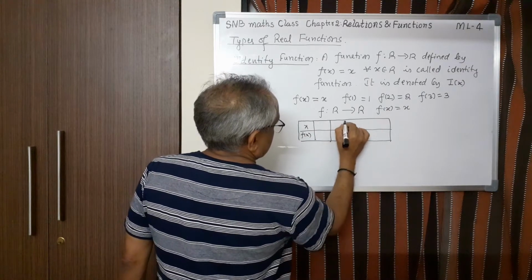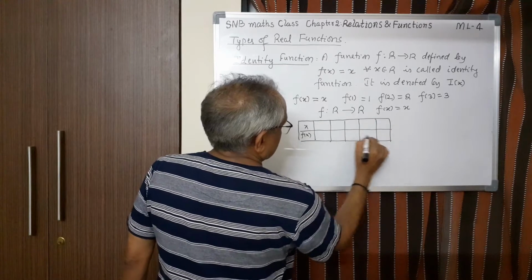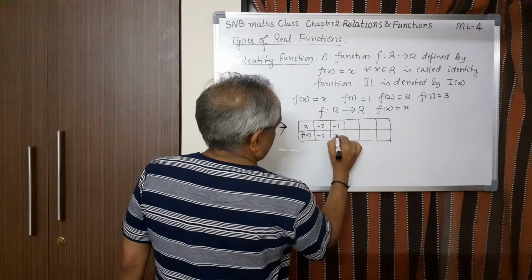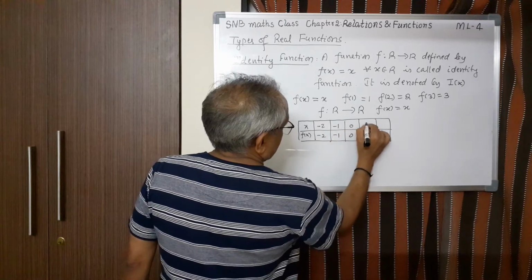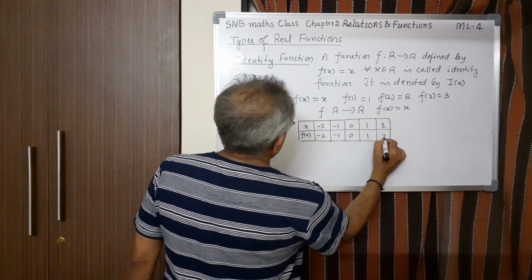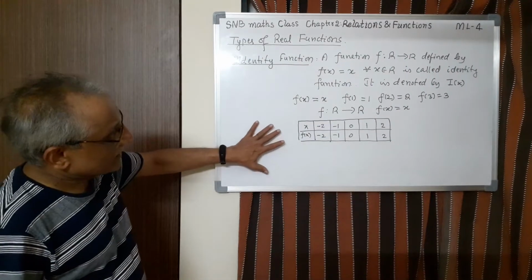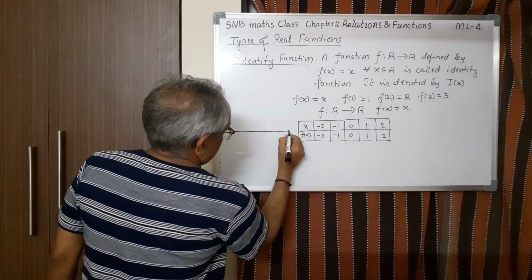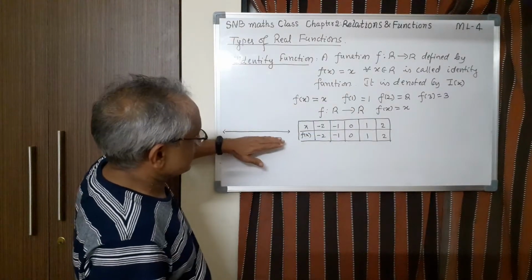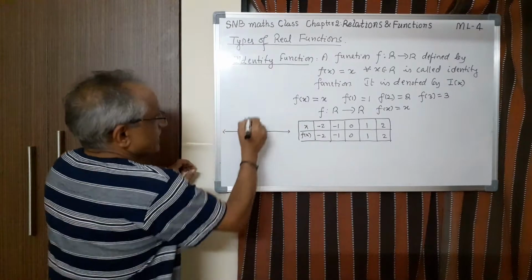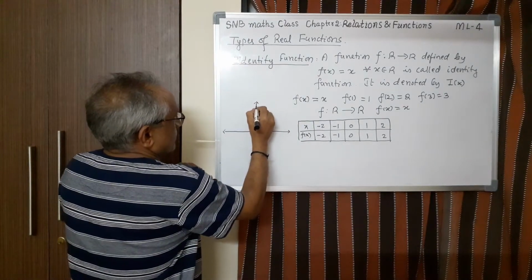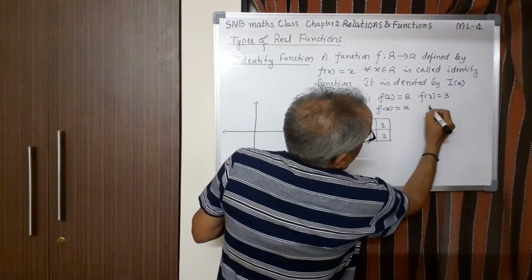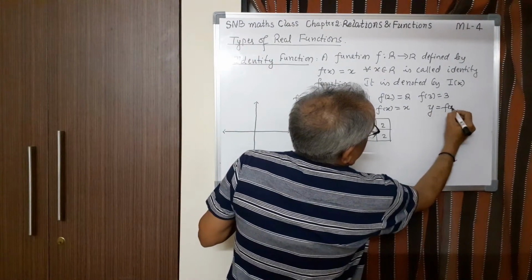Let us take a few positive values and a few negative values. Say -2, it is -2. -1, it is -1. 0, it is 0. 1, it is 1. 2, it is 2. Now we can draw the graph of this function, taking the domain along x-axis and f of x along y-axis. We can also call this y equal to f of x.